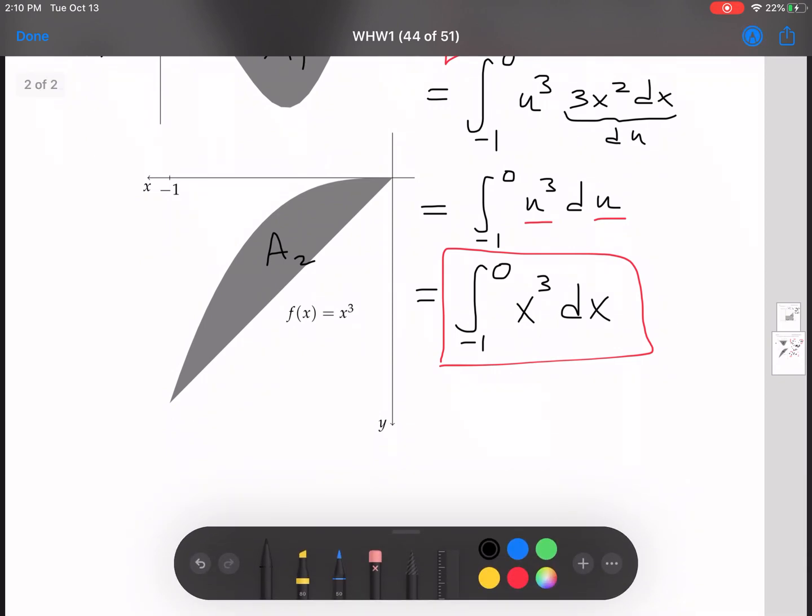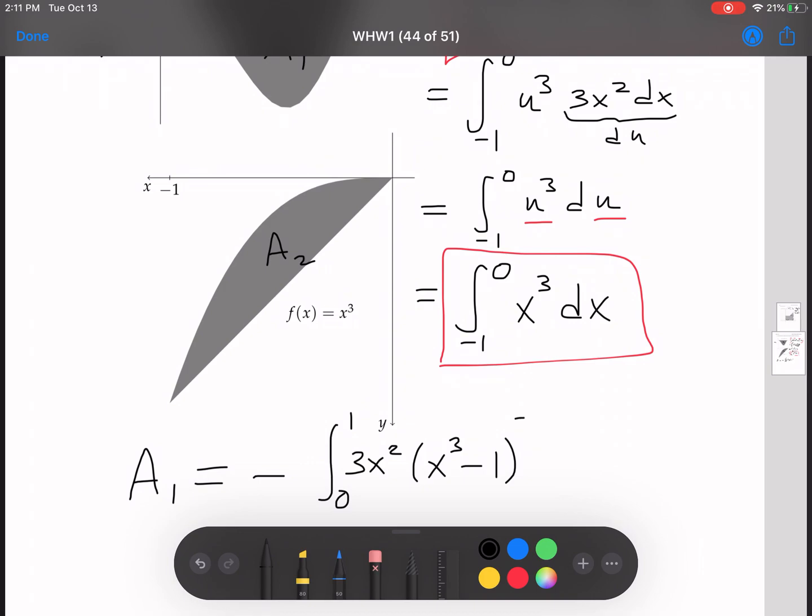And so what this says is that area 1 is the negative, and that's why they're equal.